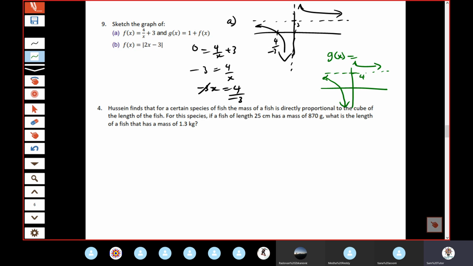I usually would not draw on the same if we can avoid that. And then again, you should be able to work out this number here. I think it's going to be negative 1. How do you do that? Well, f of x is 4 on x plus 3, and then just go and solve for 0. So your x-intercept should be negative 1. Any questions?